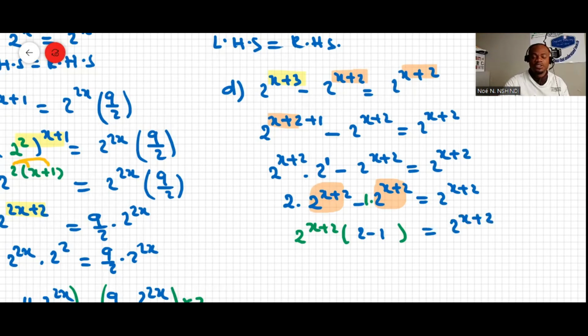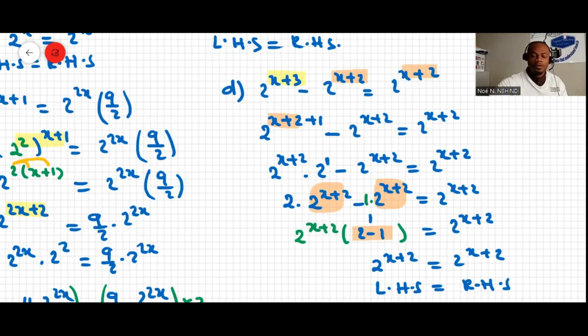Then 2 minus 1 is just 1, and 2 to the x plus 2 times 1 is just 2 to the x plus 2, which equals 2 to the x plus 2. Now we can see that the left hand side equals the right hand side. Done.